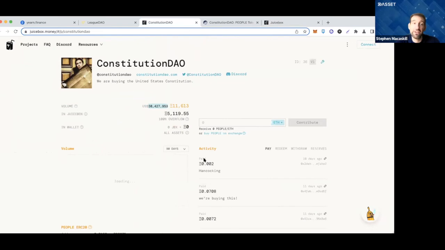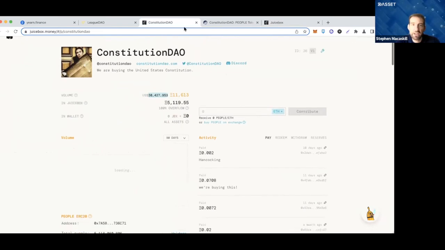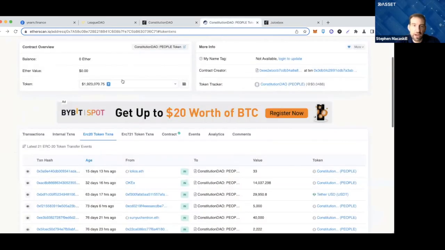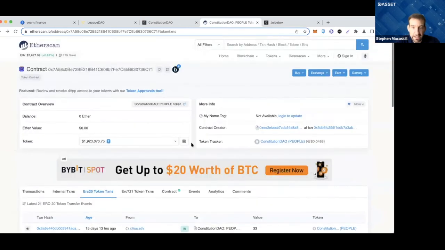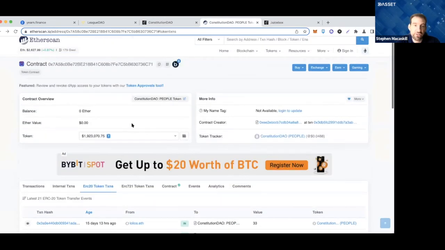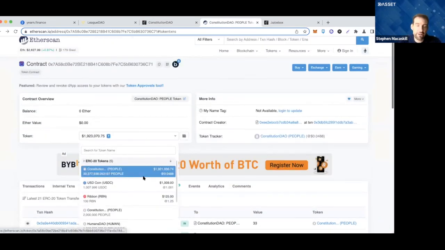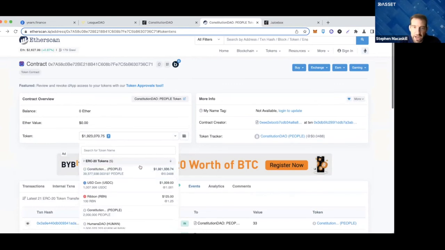Unfortunately, they didn't raise enough, but you can look at the smart contract on chain. So you can see all the transactions that have happened. You can see right now that out of the $30 million, there's $1.9 million in tokens left in the vault. So you can assume that some people have forgotten about their tokens, or they've been lazy and they haven't redeemed the ETH that they essentially deposited.